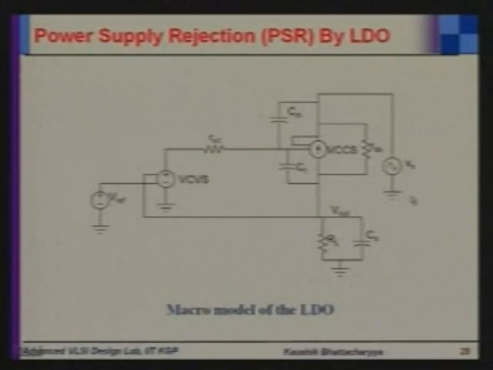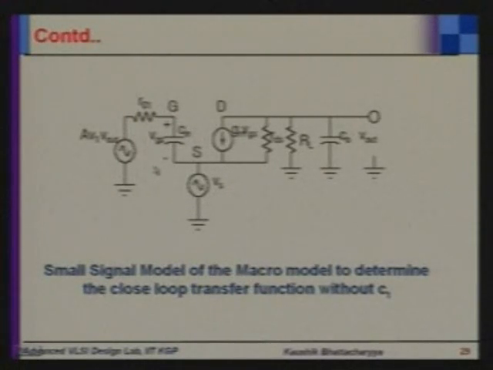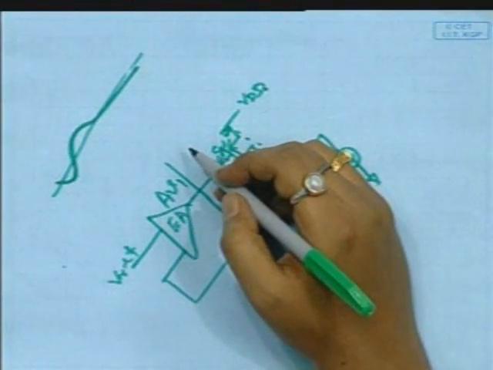Now a small perturbation is given at the supply line. Here it is the supply line, so a small signal sinusoidal voltage Vs is given here. We want to see how much power supply rejection occurs at the output due to this LDO. For this we are taking help of small signal modeling. AV1 into Vout is the fast stage small signal source.